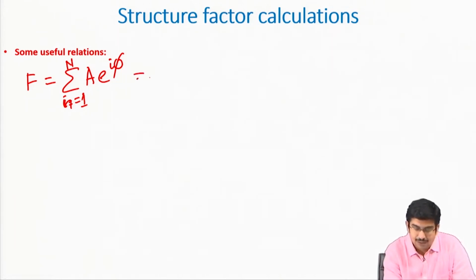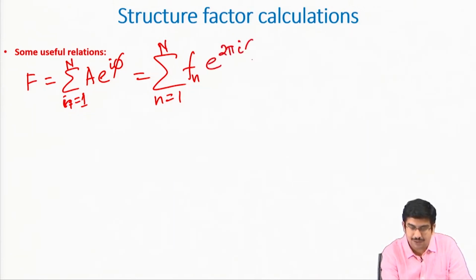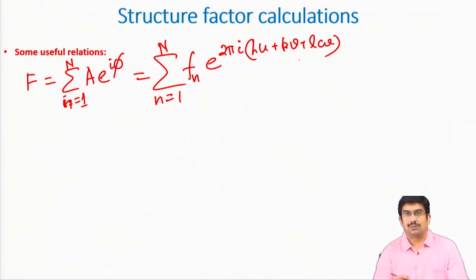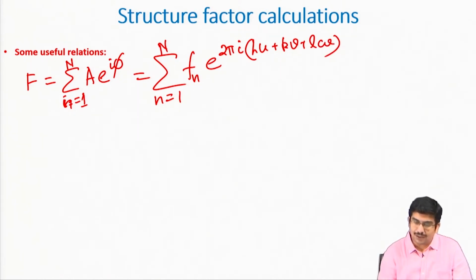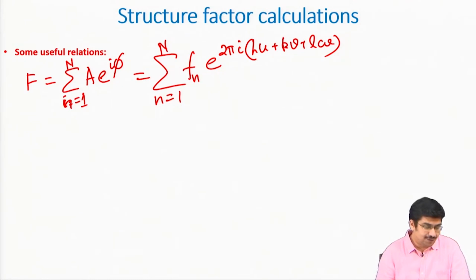We express this in terms of the particular phase and amplitude. The amplitude is represented by the atomic scattering factor, whereas the phase, as we have already derived, is represented by the relation 2 pi (Hu plus Kv plus Lw), through the fractional coordinates of the atom. Here are some useful relations that will help us derive the specific structure factor relations for various different types of crystal structures.